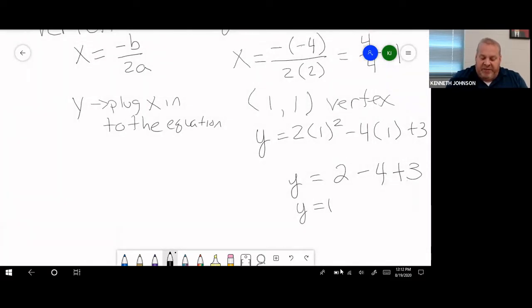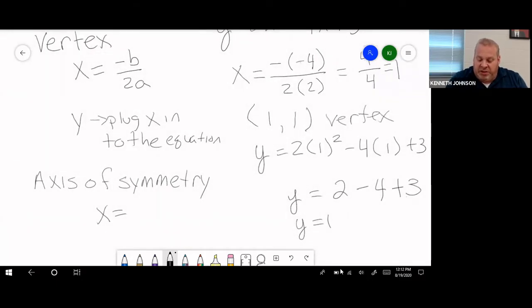After we find the vertex of the parabola, we're going to find a thing called the axis of symmetry. And the cool thing is we've already found it. It's just the line x equals whatever your x equaled.